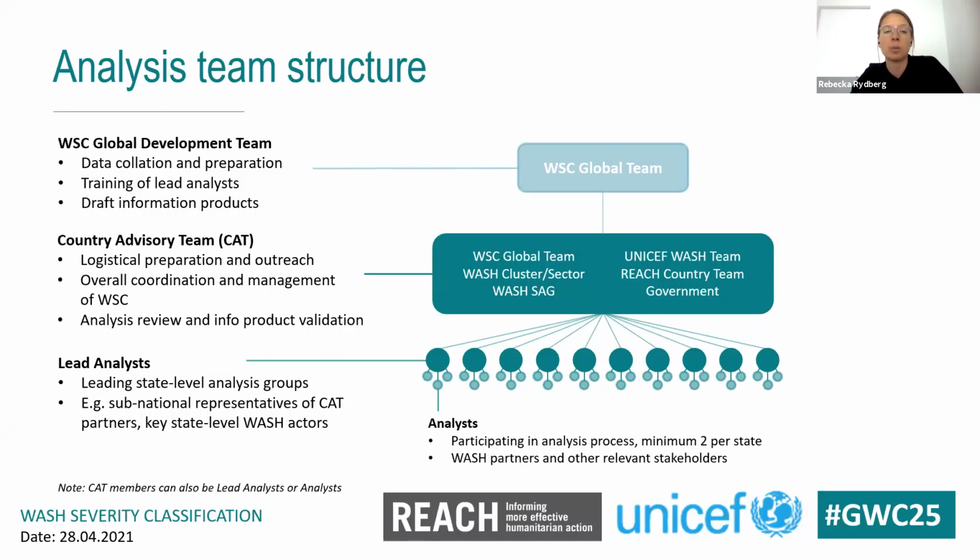And this group will support overall coordination and logistics of the actual implementation, but it will also be reviewing and validating the analysis findings. And for each state level analysis, there will be a team of analysts who are participating in the analysis processes. And these will be facilitated by one lead analyst who's been trained on the process. So that's it in terms of the current structure.